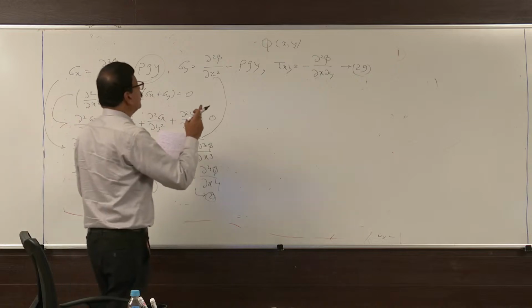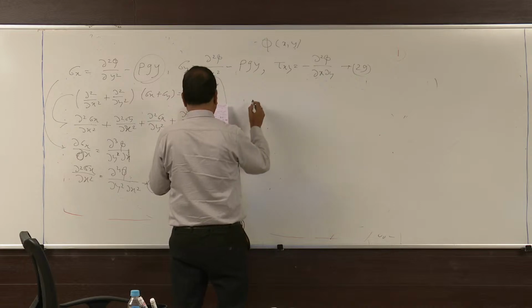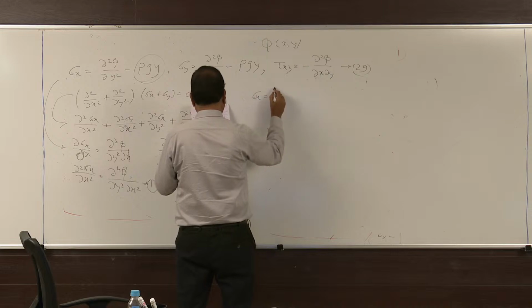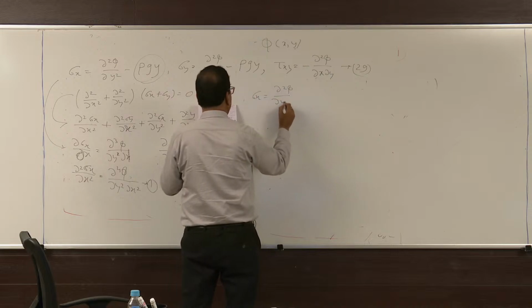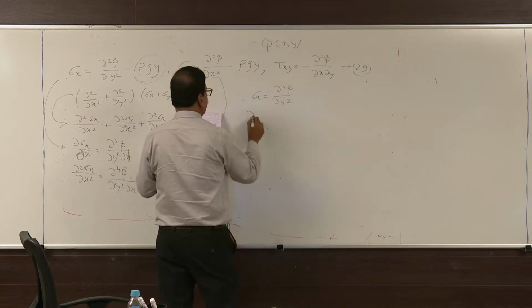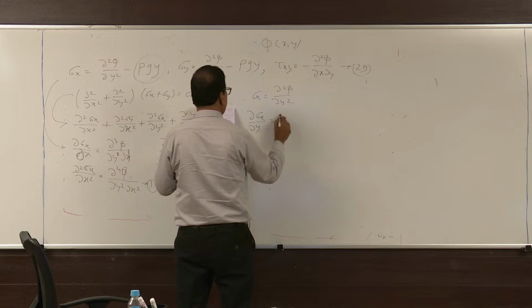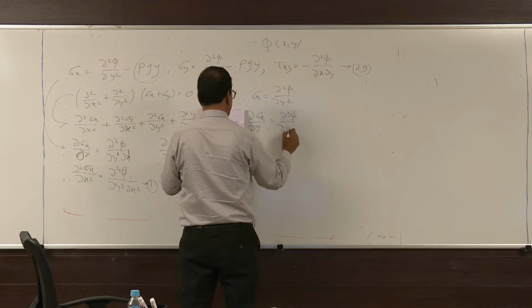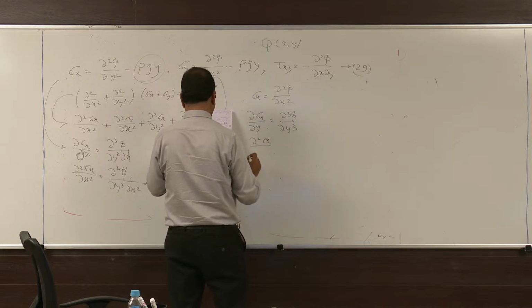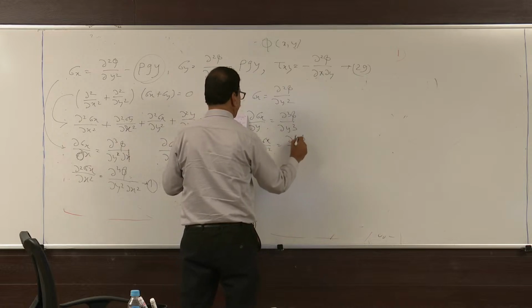Now for sigma x, we differentiate sigma x twice. We already have this. Now we differentiate with y, now differentiate with x: del 4 phi upon.